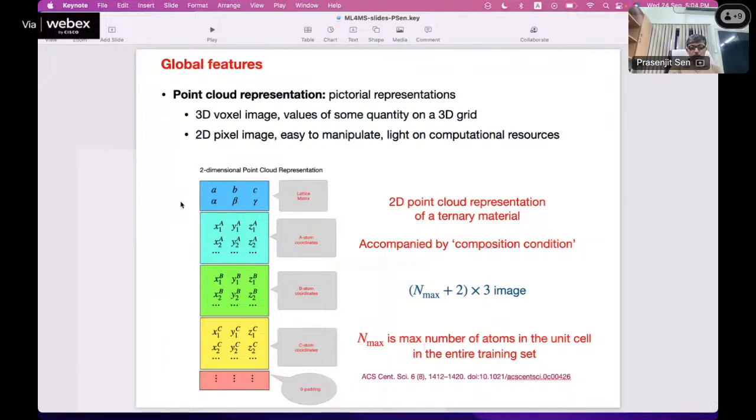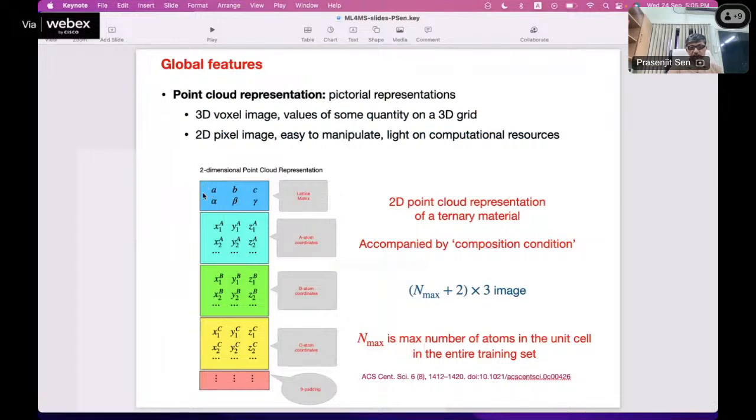So what is the representation? It is best viewed as a sequence of blocks with a certain number of rows and three columns. Three columns because we are talking about ternary materials, and it also is convenient because lattice structure can be conveniently expressed by two sets of three numbers.